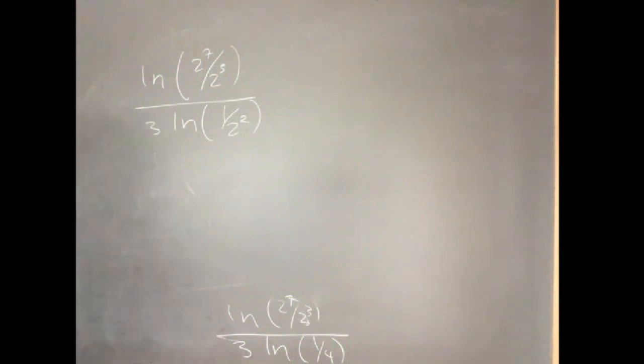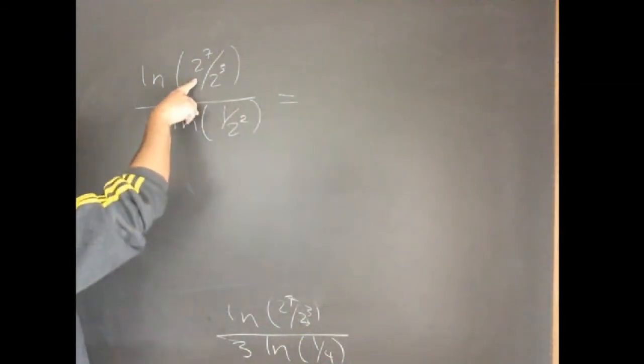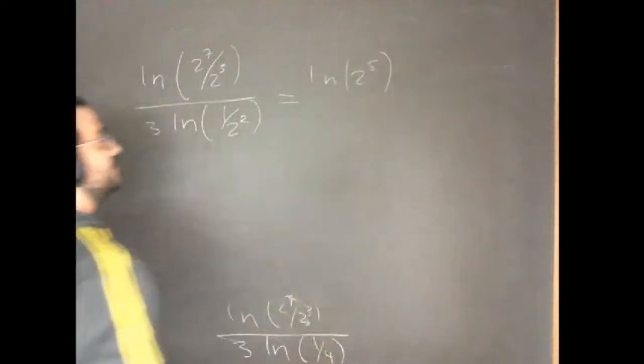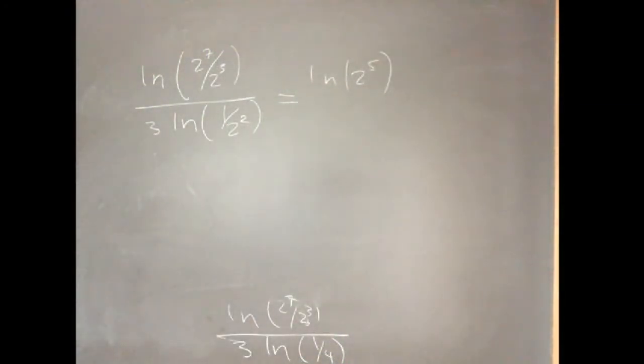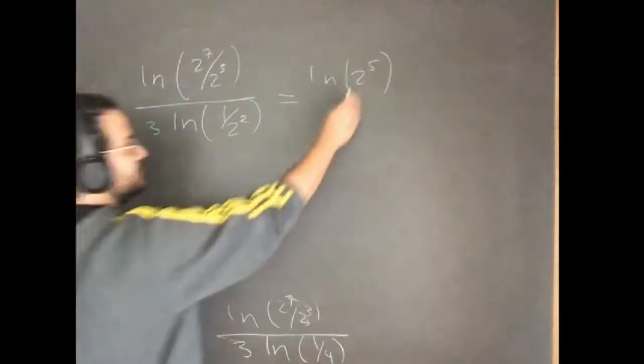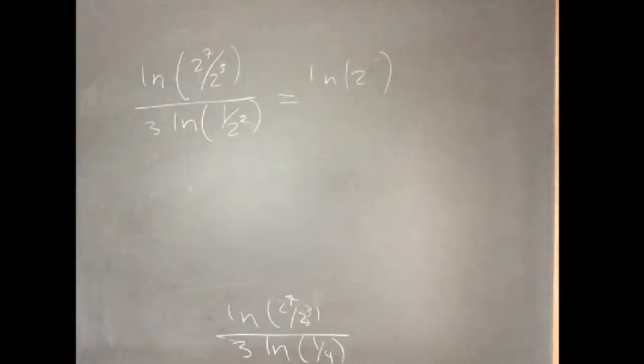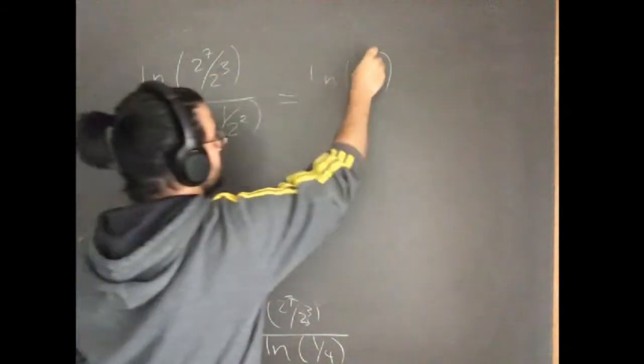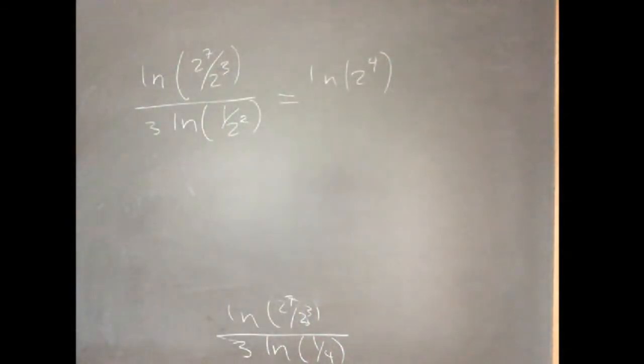Okay, so now let me rewrite this a little bit more. 2 to the 7th over 2 to the 3 is going to be the natural log of 2 to the power of, not 5, but what? 2 to the power of what? Yeah, so remember this is 3 down here, and we do 7 minus 3, so we get a 4.